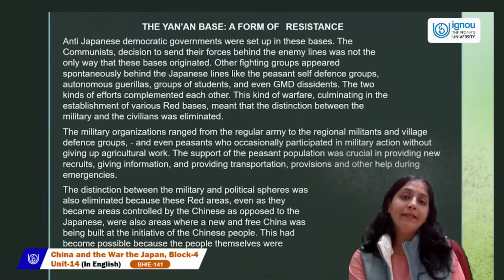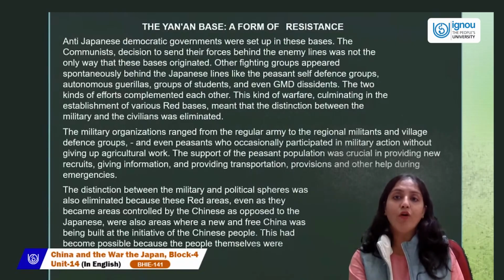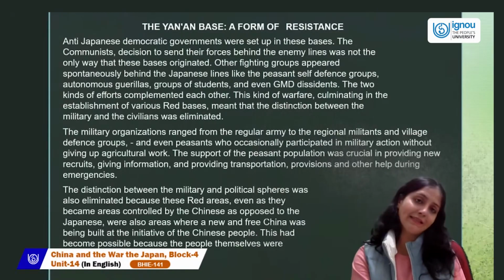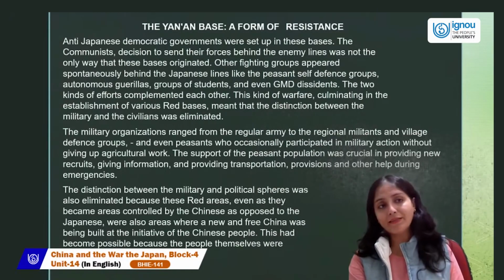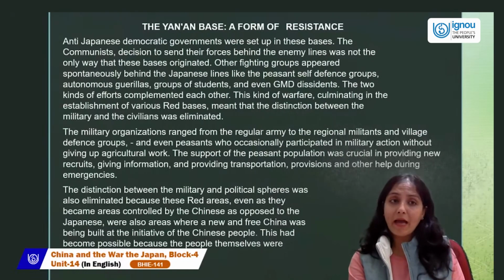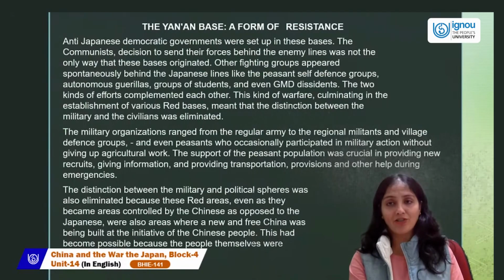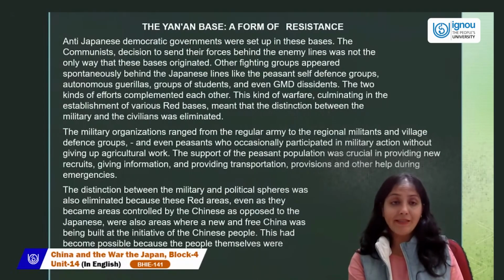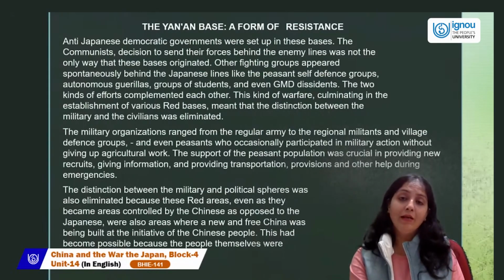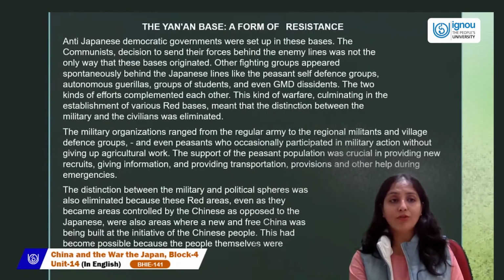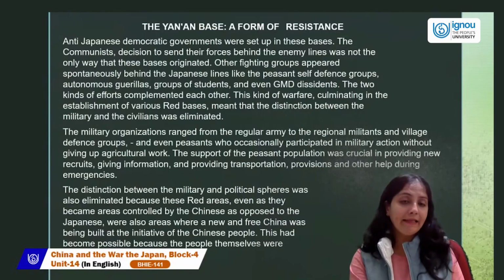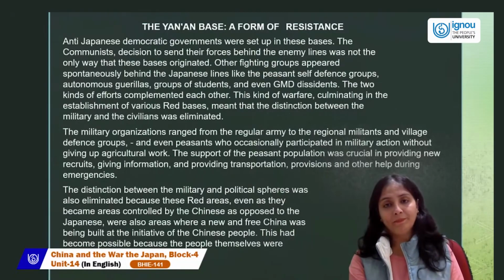What was Yan'an's base, and what was the form of resistance, how did they resist Japan? Anti-Japanese democratic governments were set up in these bases in China. The communist decision to send their forces behind enemy lines was not the only way these bases originated.